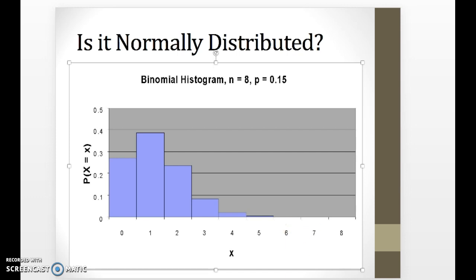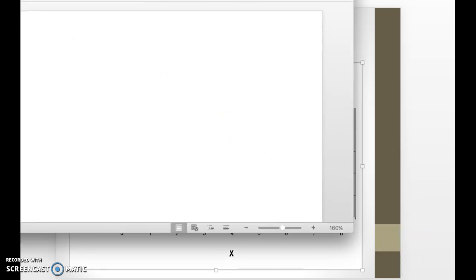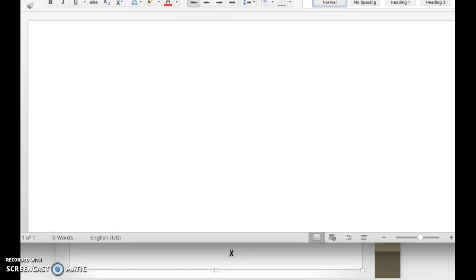So how do we test that criteria? We test that criteria by just inputting our n times our p times our 1 minus p. So I would just simplify this a little bit, stick it into my calculator.